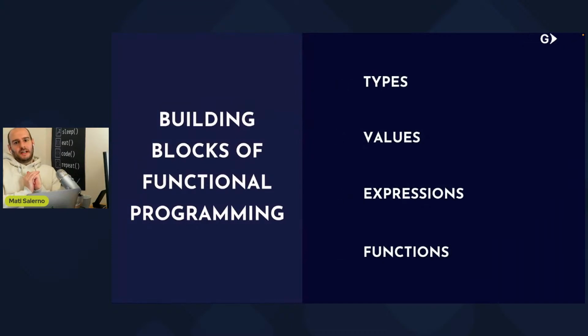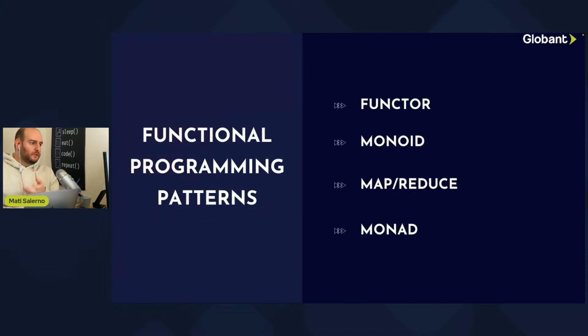All right, in our first session, we took a look at the building blocks of functional programming. Remember, we have types, values, expressions and functions, and we use these building blocks to create patterns, because using these building blocks, patterns arise.